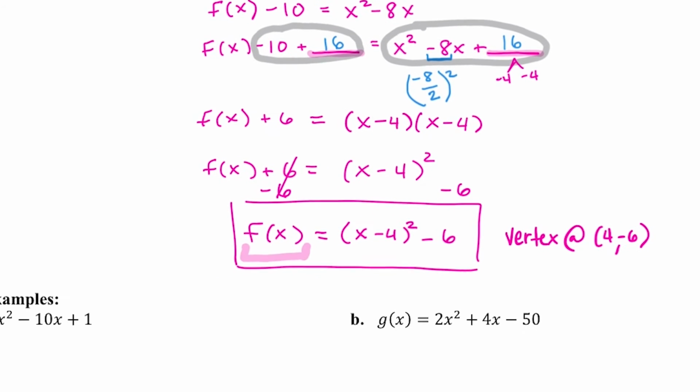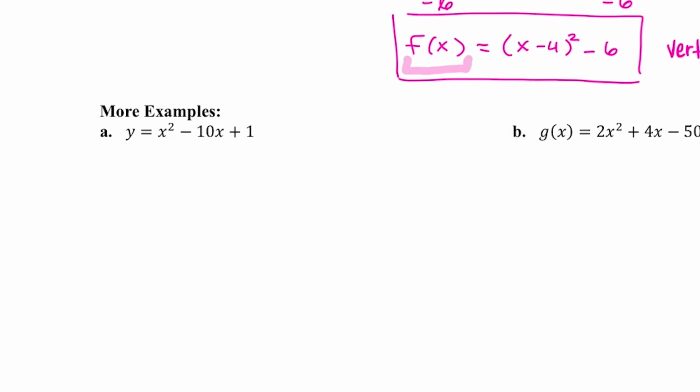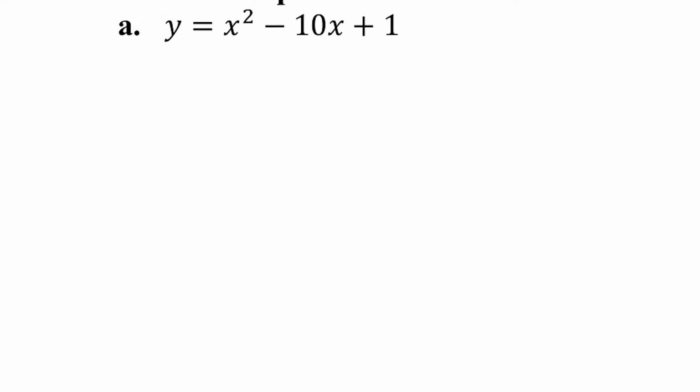Okay, so we're going to do another example like that. So here we have y equals x squared minus 10x plus 1. So again, your very first step is to always move your constant to the other side. So we have y minus 1 equals x squared minus 10x. And this is the point when we prepare for completing the square.